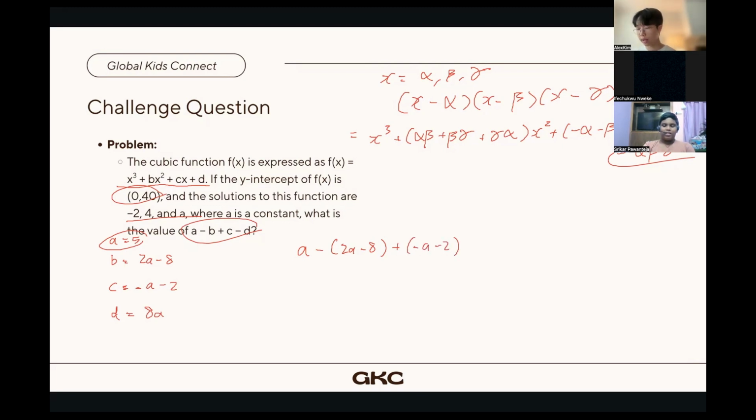Then we add negative d, which will be -8a. And so if we simplify this by adding like variables to each other, this will become -2a plus 8. This will become -a plus -2. This will stay as -8a. So if we're to do this, then we'll get -10a.